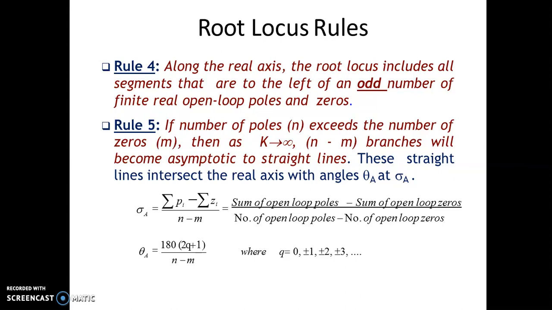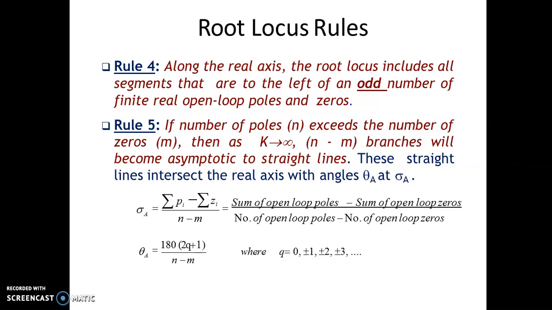Generally it is shown with a bold line. And rule number 5: from this we can find the number of branches that become asymptotic to a straight line. Here we can find the centroid as well as the asymptotic lines. Centroid is the meeting point of the asymptotic lines.